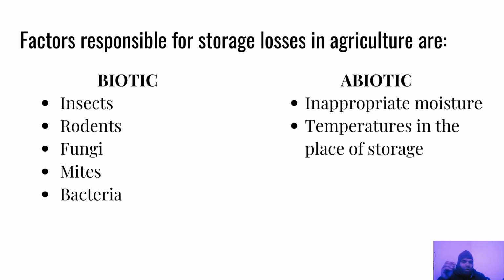All of these cause loss when we store our crop produce. And then, of course, you have abiotic factors, which are not living, not caused by living things, like too much moisture or too little moisture. Too little moisture will cause the crop to dry out. Too much moisture might cause some defects. Also, the temperature at which we store it is also important.